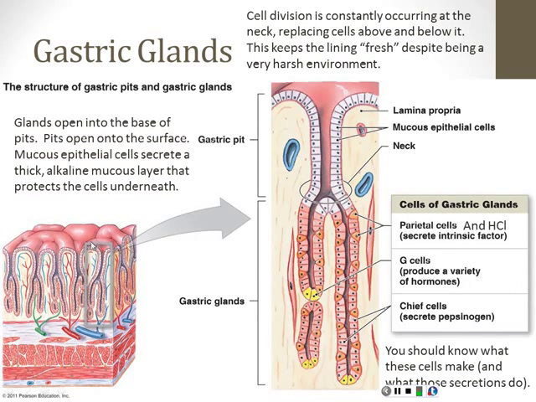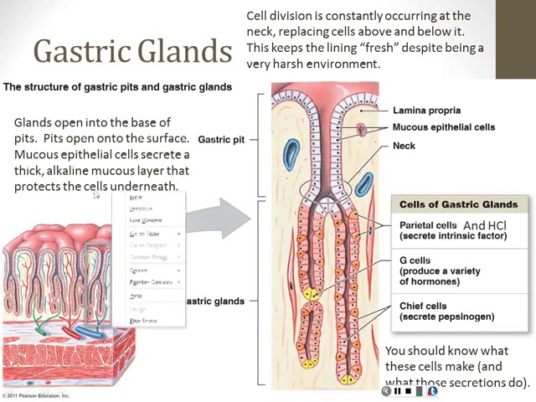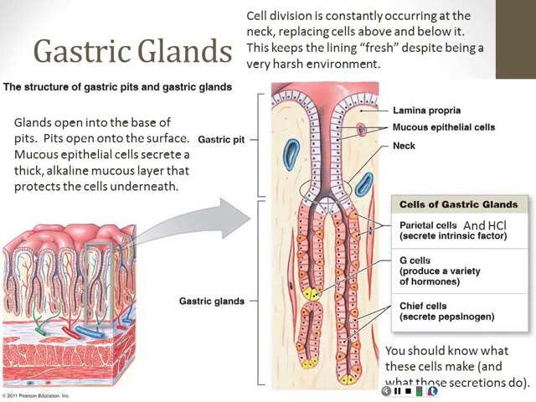So a very common clinical problem with the stomach is ulcer disease. And ulcer disease happens either when there is overproduction of acid or an underproduction of the acid protectors. So, for example, if you turn down the production of that mucus that I was just talking about, that means that acid can get to the mucosa and start to destroy those cells.